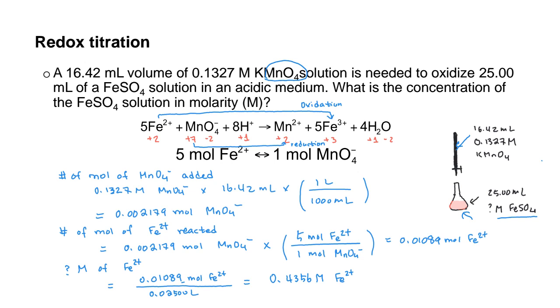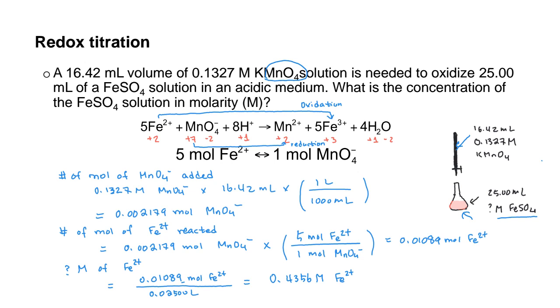To determine the concentration of the iron sulfate solution, we have to know the stoichiometric ratio between iron 2+ and permanganate. The reaction between iron and permanganate is a redox reaction, and we need to know how to balance it.